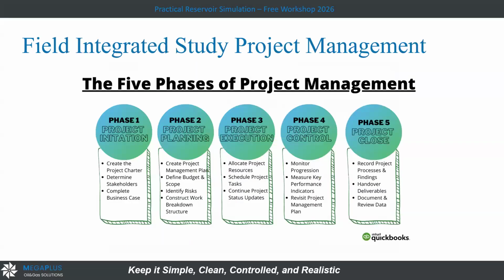Then in the project execution, as I told you before, as in any project management, you have to define the reporting system, the deliverables, the tasks, and all of that, which will of course be in the scope of work.